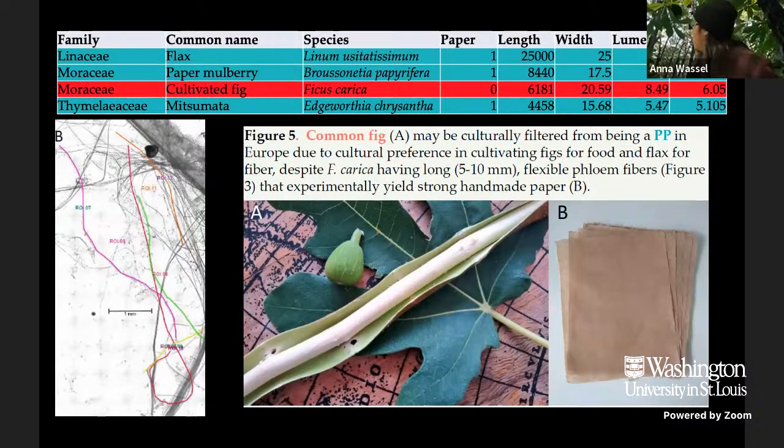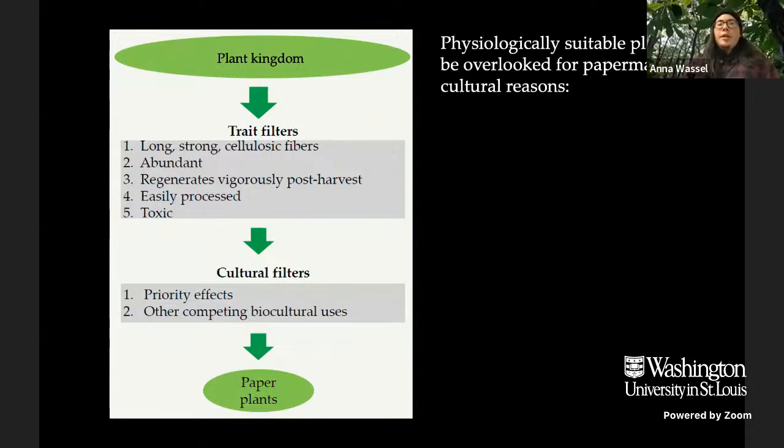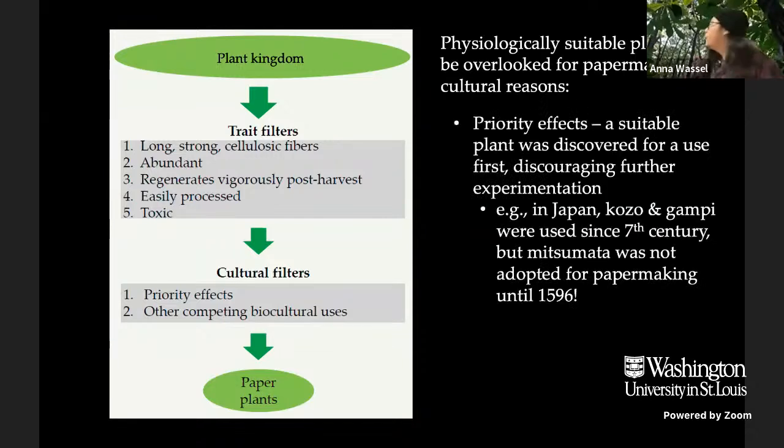And so why is it not a paper plant? Well, maybe there's some cultural trends involved. And so I posit that perhaps priority effects are playing a role. So for example, if you pick a plant and you're going to designate using that in a particular way, traditions kind of have this inertia where it's difficult to displace a plant that is currently being used with something new.